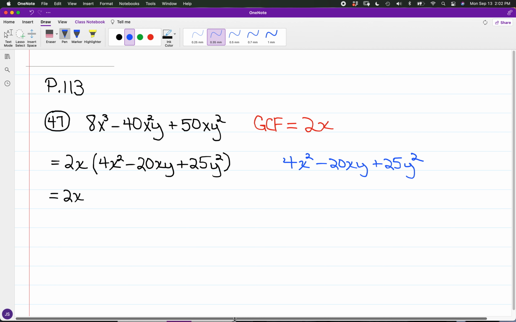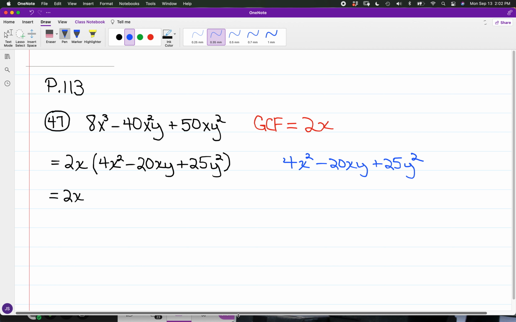Looking at factoring by grouping, we draw out the first and the last coefficients and multiply them together. So I have 4 times 25, and we will have the product at 100.